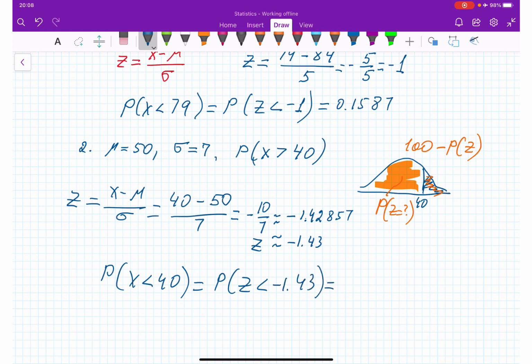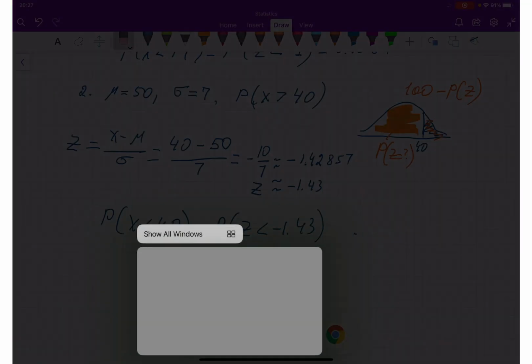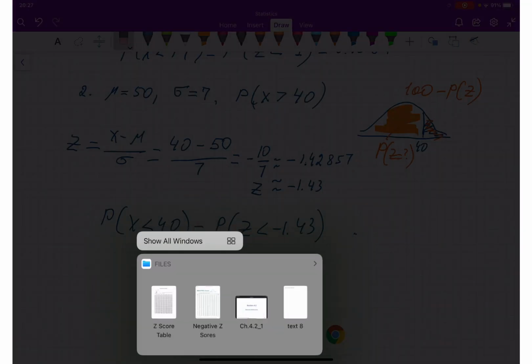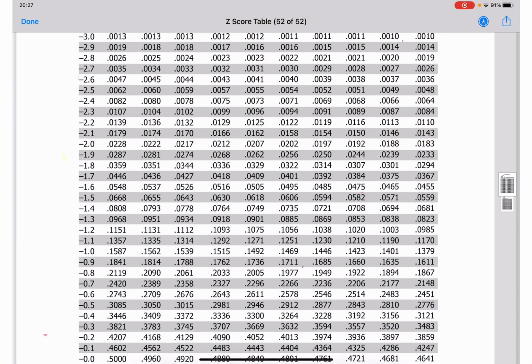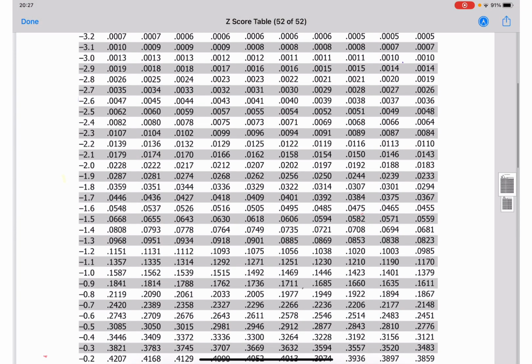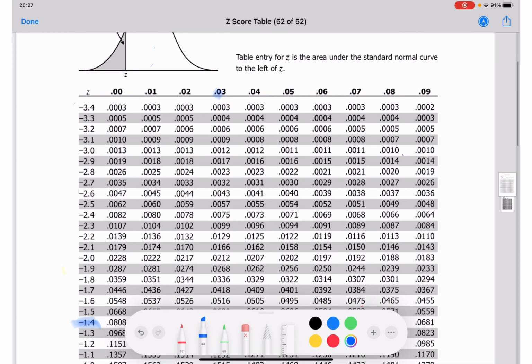And that is going to give us, let's see, negative 1.4. Here we have 1.4. Now we need 3.